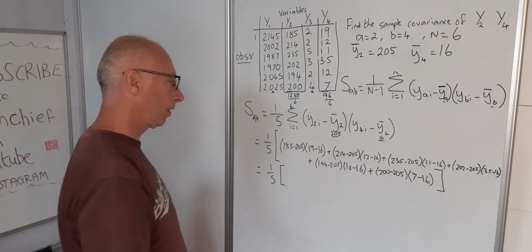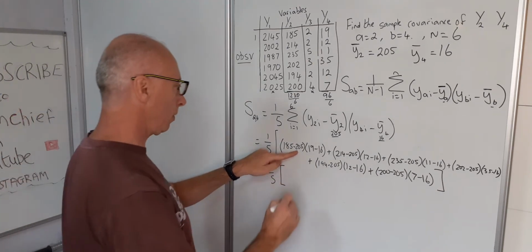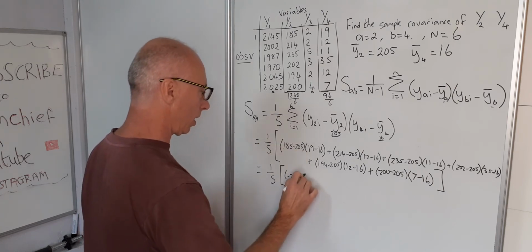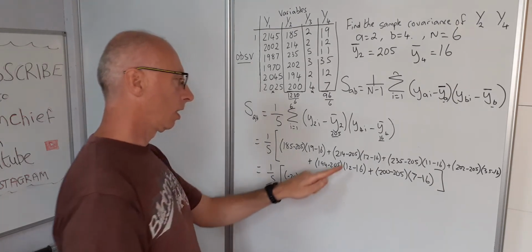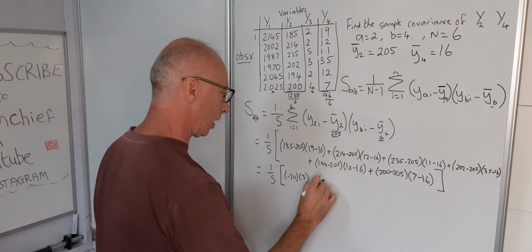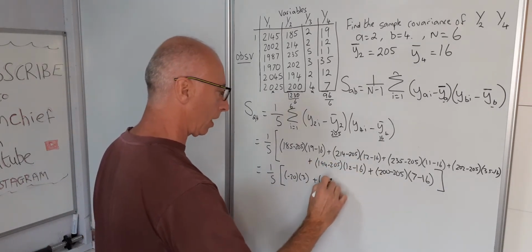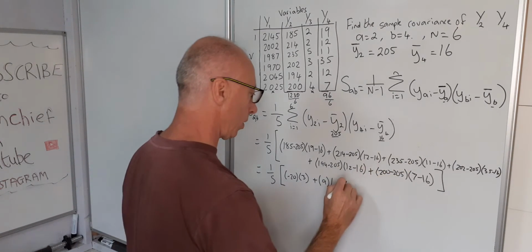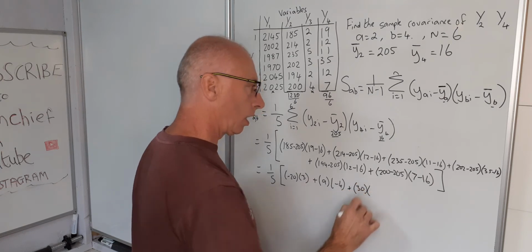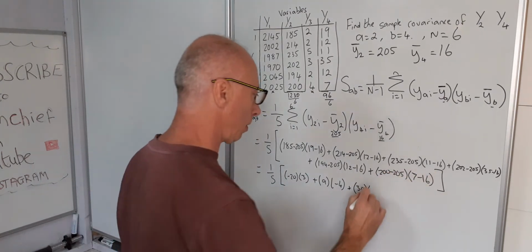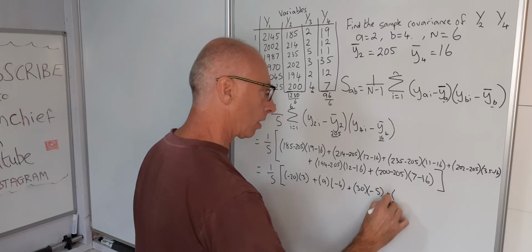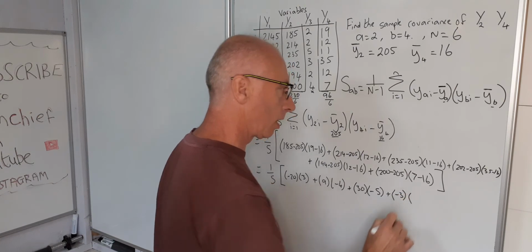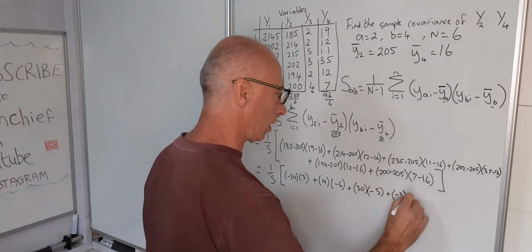So 1 over 5, so 185 minus 205, that's minus 20. 19 minus 16 is 3, so that's that one. 214 minus 205 is 9, multiplied by minus 4. 235 minus 205 is 30, and multiply that by 11 minus 16, which is minus 5. 202 minus 205, that's minus 3, and 35 minus 16, that's 19.